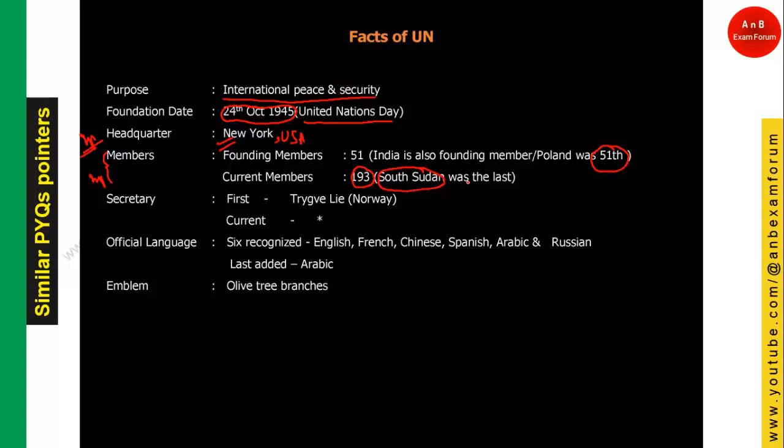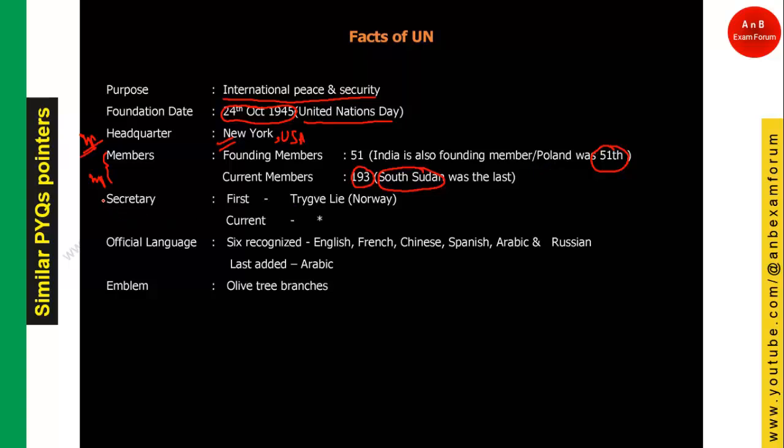This question we have seen in one of the exams: what was the name of the country which was added recently? Recently means at that time. So there are 51 founding members and 193 current members, South Sudan was the last, and the 51st founding member was Poland.